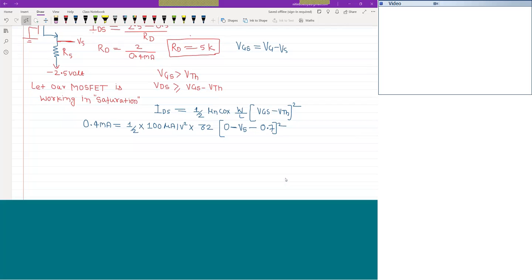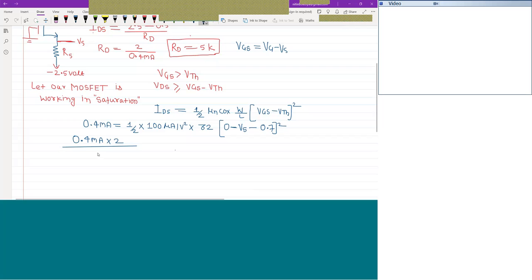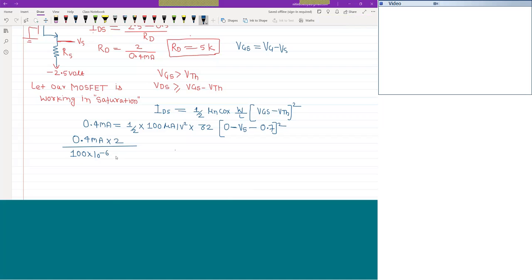Now I can calculate. I can say this is 0.4 milliampere into 2 divided by 100 into 10 raised to the power minus 6 divided by 32 equal to Vs plus 0.7. और इसका क्या आ जाएगा?